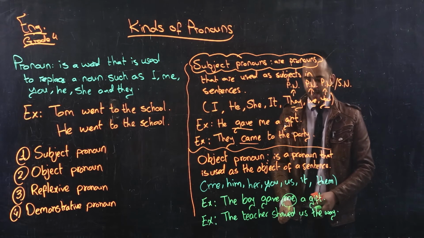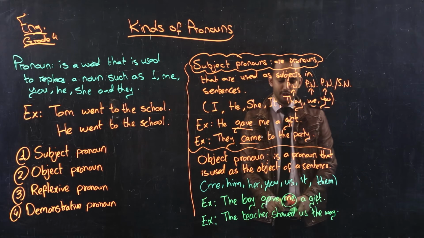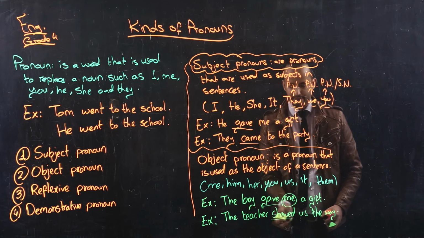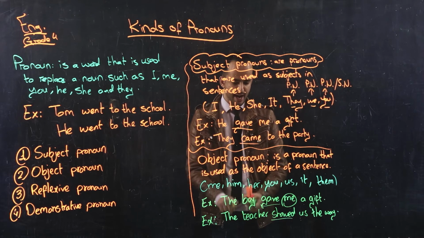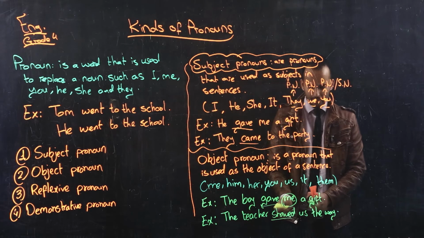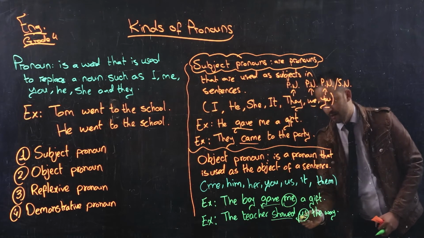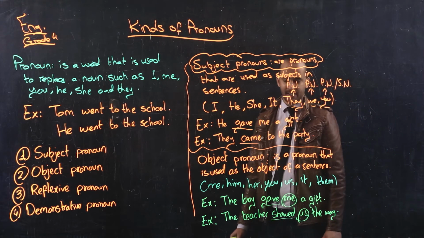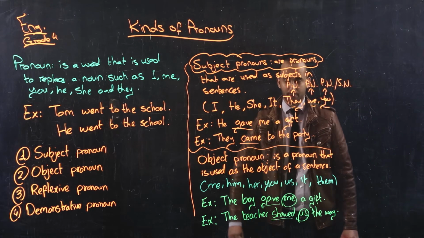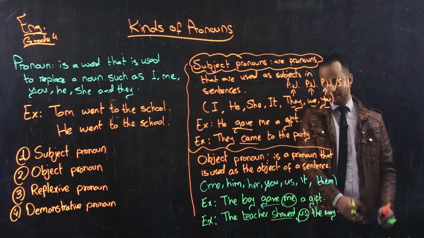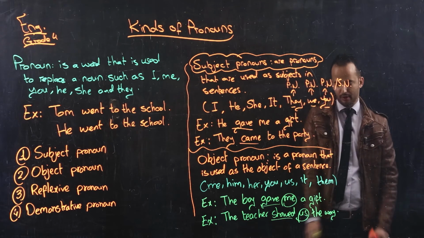Okay, so do we have a pronoun before the verb showed? No, we don't have. What we have before showed is a noun, teacher. But we have a pronoun after showed, which is us, right? Yeah, so us here is a pronoun and it's an object pronoun because it's used as the object of the sentence. It's used after the verb.